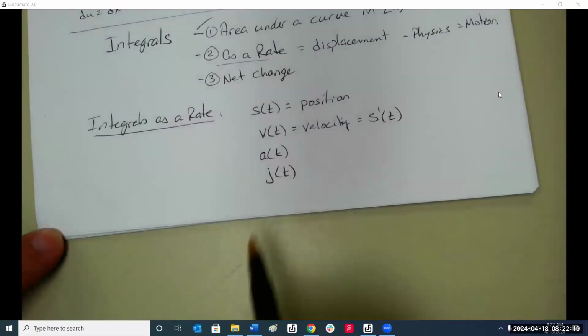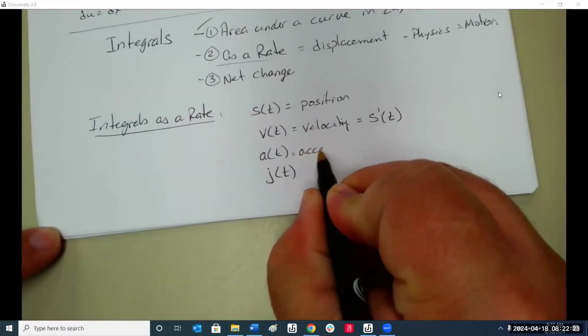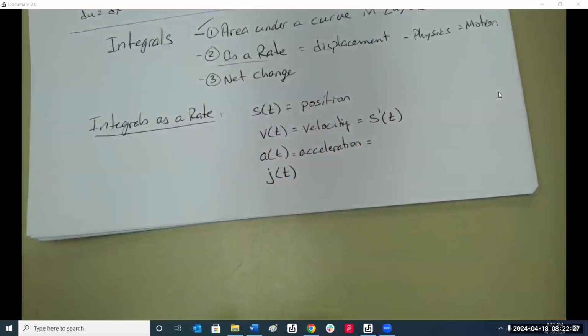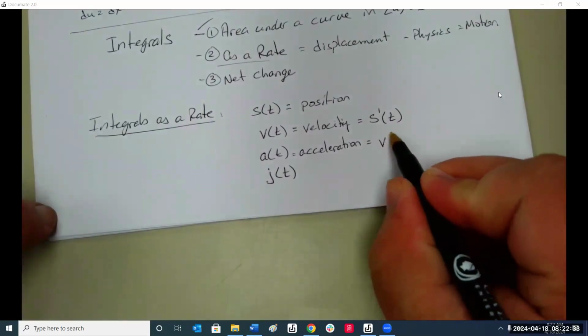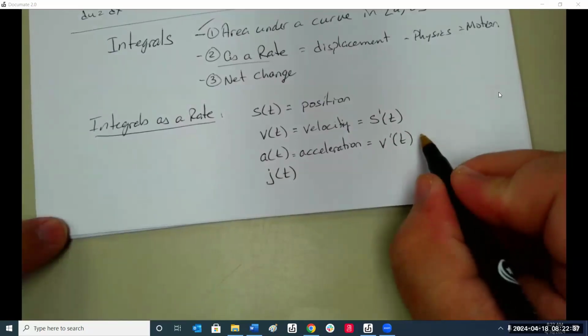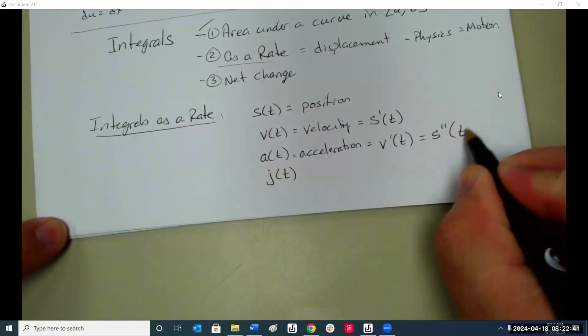What is this next one? This one's acceleration. How is that related to the previous ones? It's a change of velocity, which means it's the first derivative of velocity, which makes it the second derivative of your position.